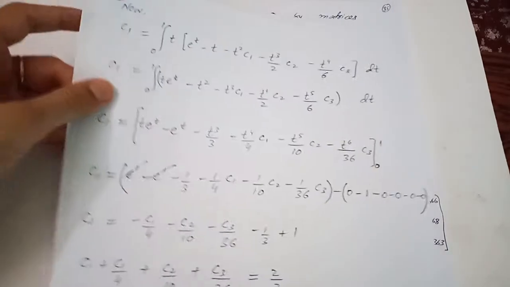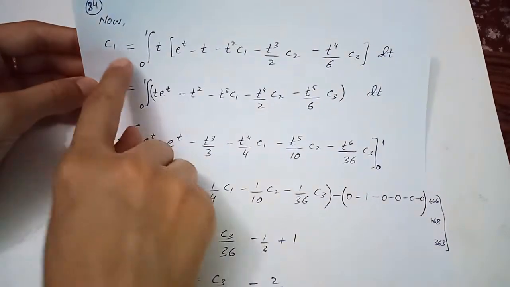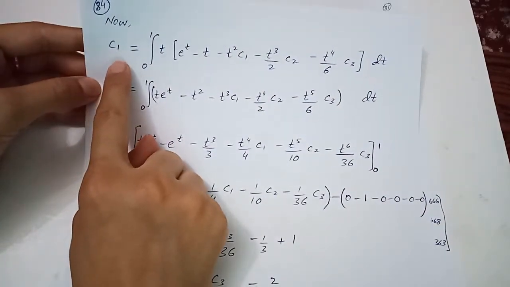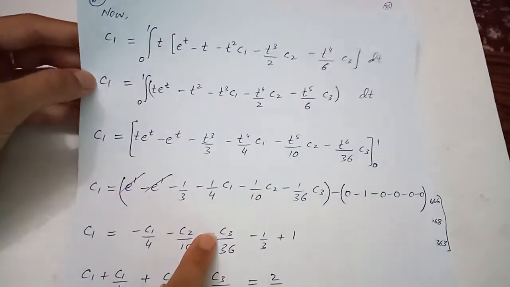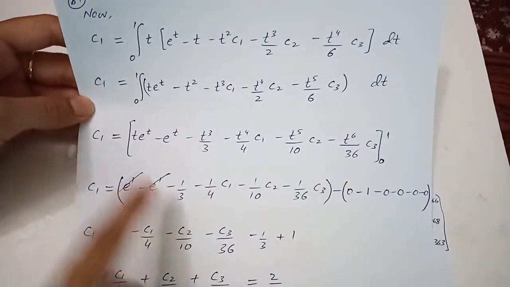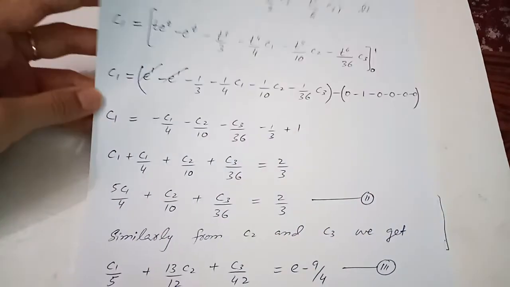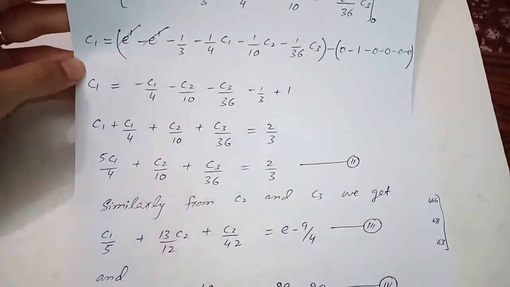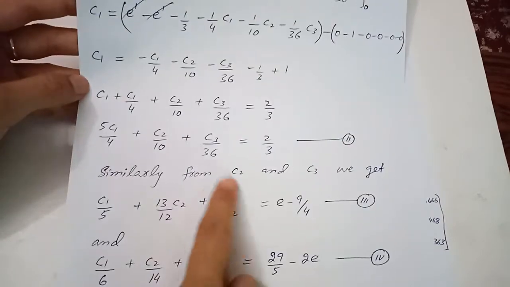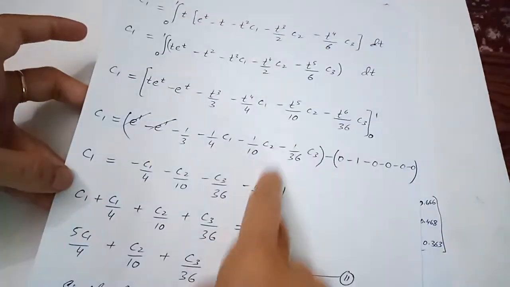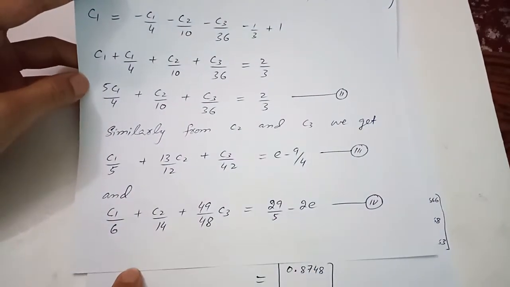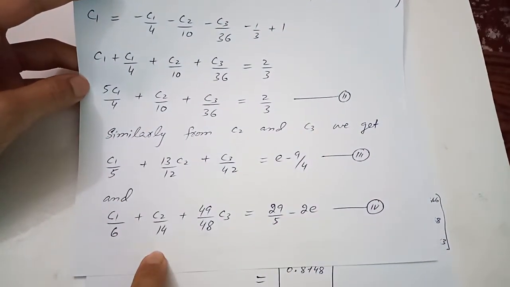After plugging in the values, first of all, let's plug in for c1 and integrate the complete equation by using the limits of integration as well, and simplify this equation like this. So I got this equation 2. Similarly, for c2 and c3, the same way I did this here, you have to do for c2 and c3 as well, and get these equations.